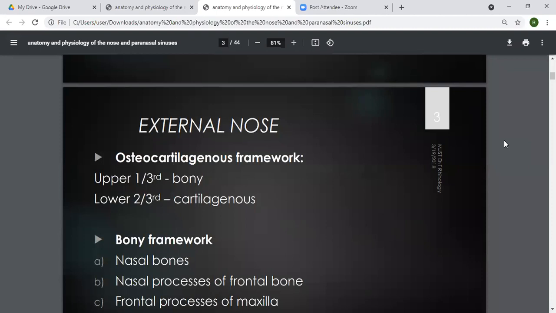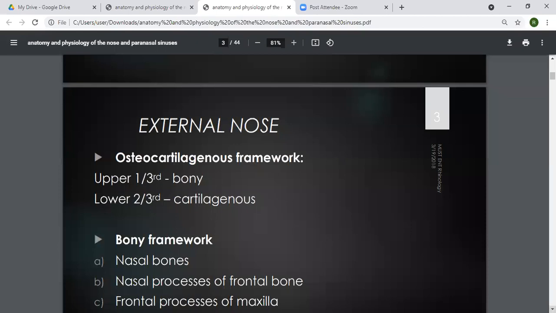In the osteocartilaginous framework, the upper third is made up of bone, while the lower 2/3 is cartilaginous, and this is evident even when you touch your nose. The upper part, which makes the apex of the pyramid, is bony, while the lower 2/3 is a bit soft, and it's cartilaginous in consistency.